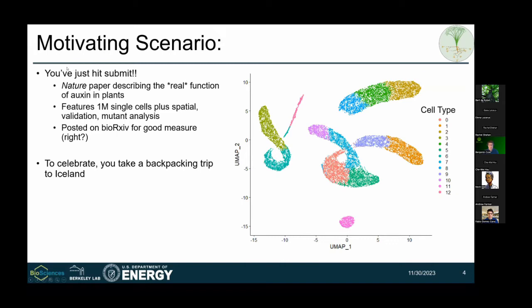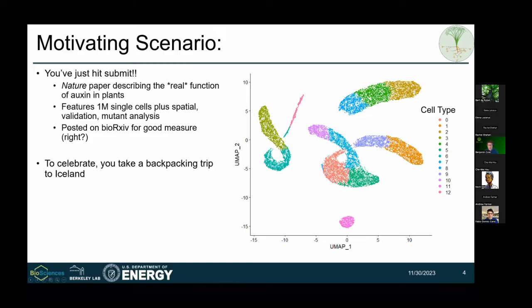In this scenario, you've just hit the submit button on a really landmark Nature paper that finally figures out what auxin does in plants. This data set features millions of cells, has spatial validation and mutant analysis. It's a really nice article that's going to be very high impact.